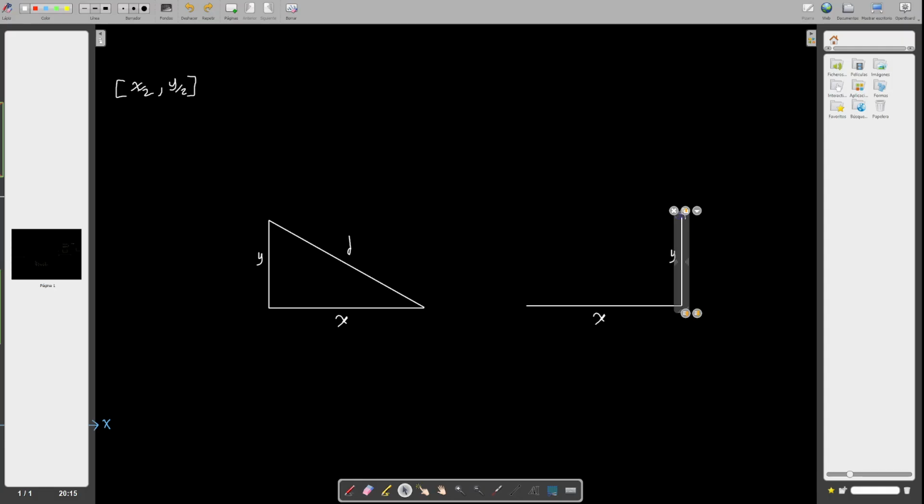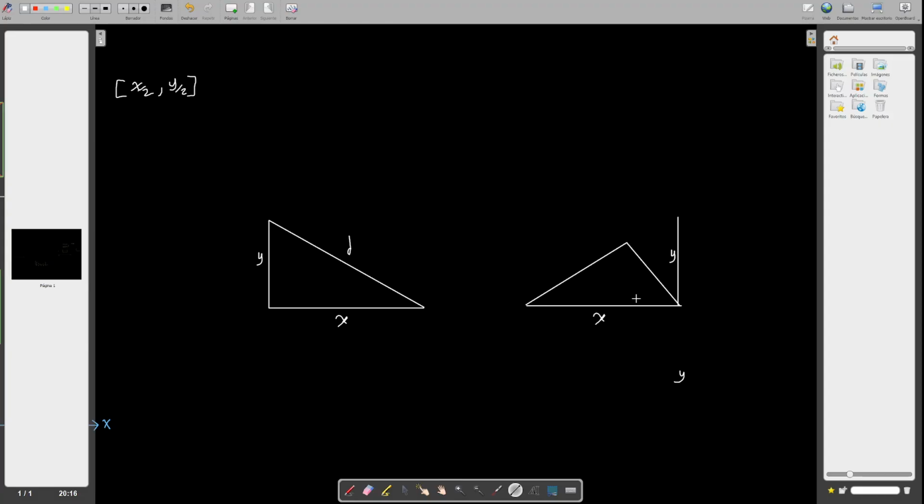What if I take this line? This is not letting me rotate it, but let's assume this line also has the length of y. This is the y rotated. If I place it here, the length of this distance is going to change.